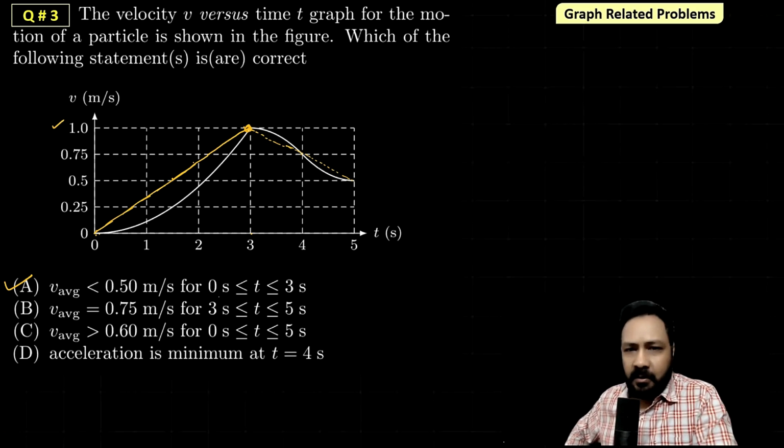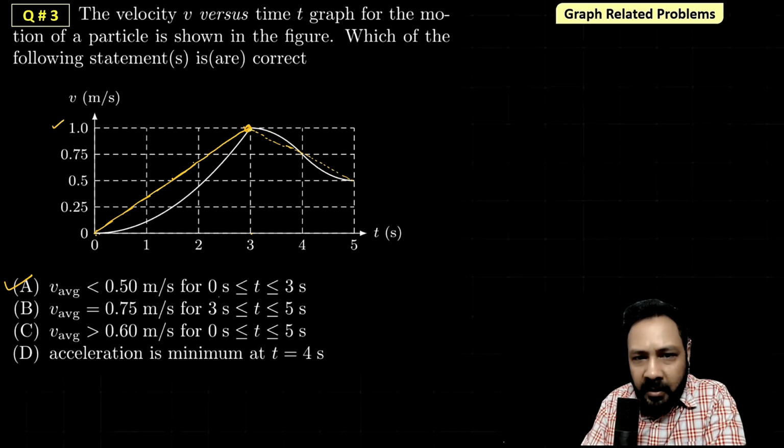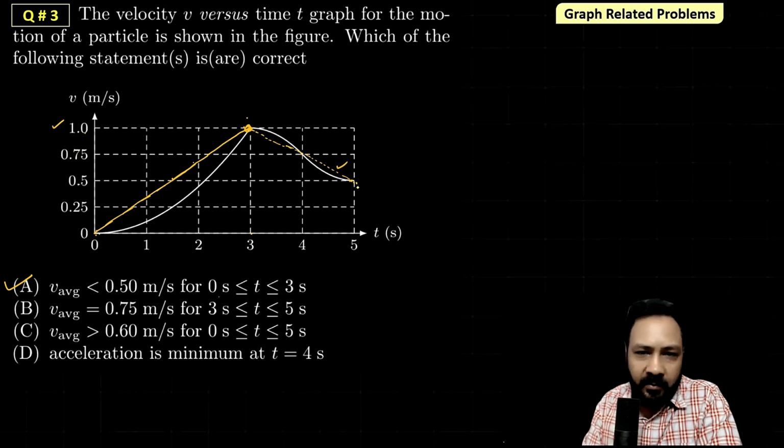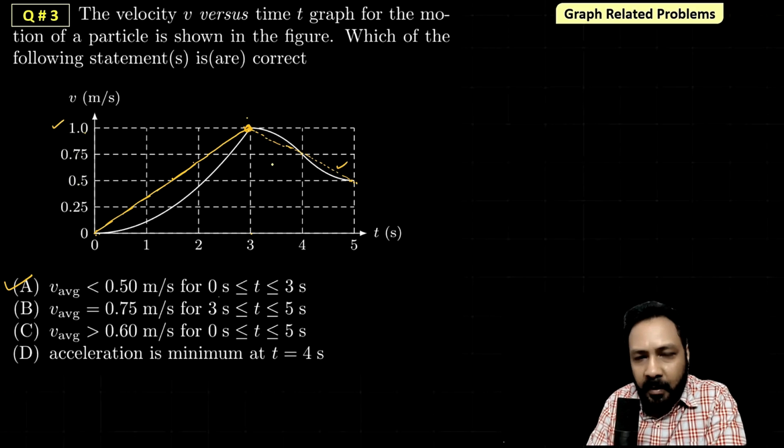Suppose this was the VT graph, then the average velocity would be V initial and V final divided by 2. So here V is 1, here it is 0.5. If the VT graph were like this, then the average velocity would be 1 plus 0.5 by 2, meaning 0.75.